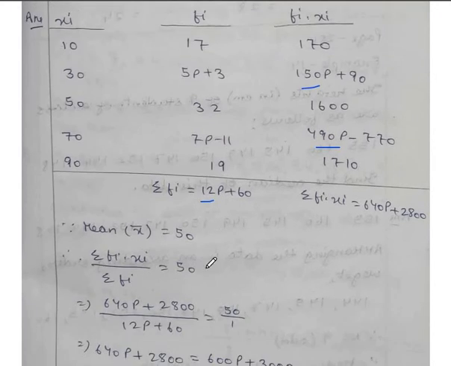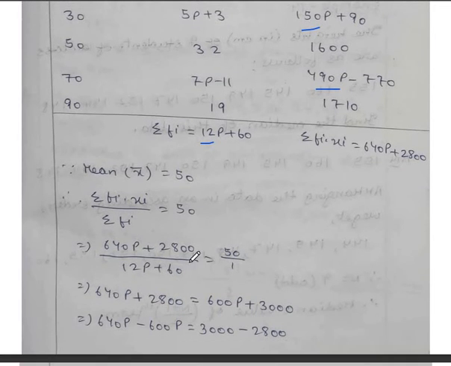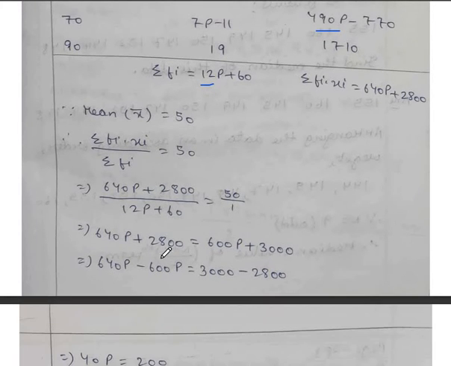Since mean is given in the question, mean x bar equals 50. By the mean formula, sigma fi xi by sigma fi equals 50. Sigma fi xi you can put this value, divided by sigma fi, which is 12p plus 60, equal to 50 by 1. Do the cross multiplication: this into 1 stays the same, 50 into this 12p is 600p, and 50 into this 60 is 3000. The variable part you can take towards the left side, so 640p, and the plus goes there as minus, 2800 comes here as minus 2800.